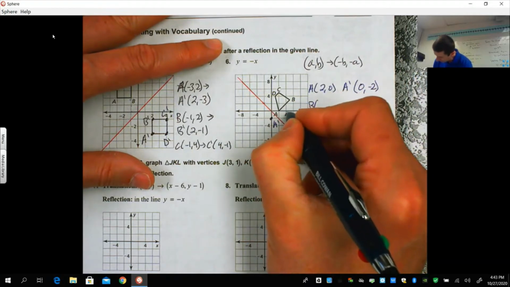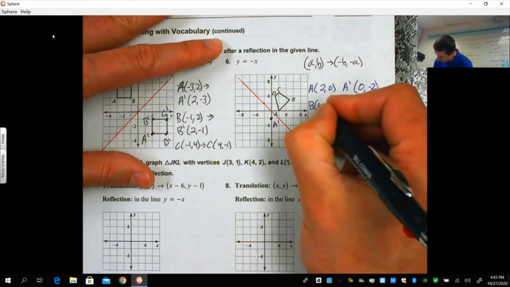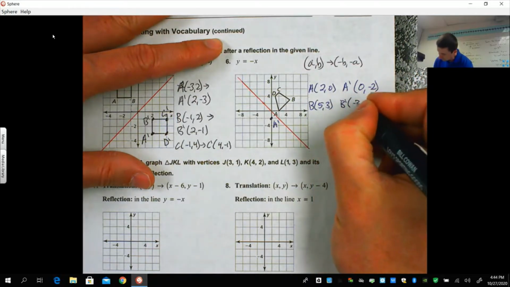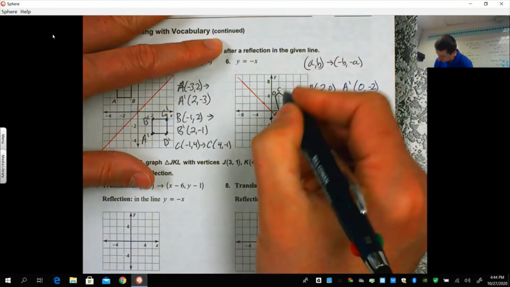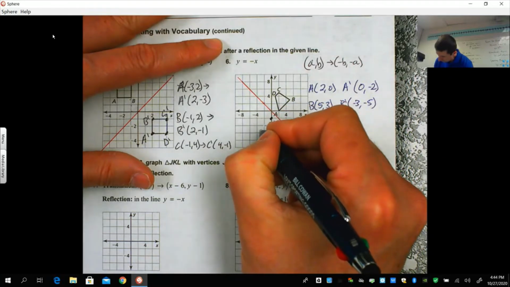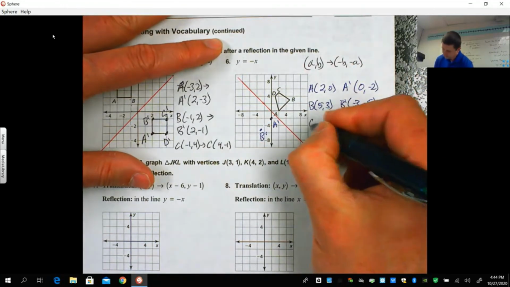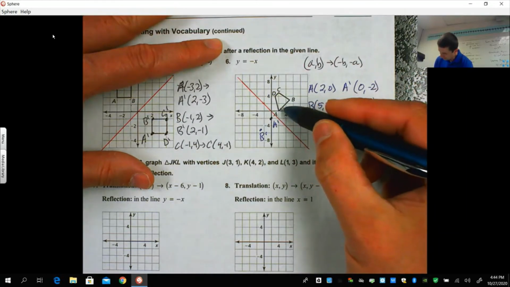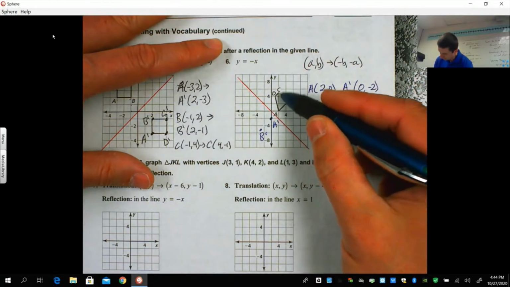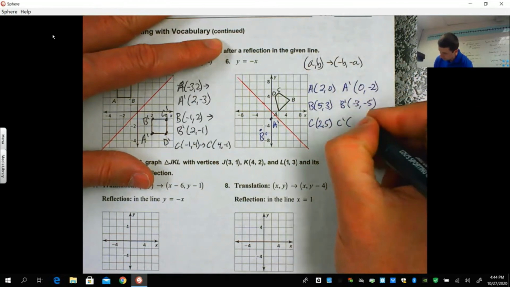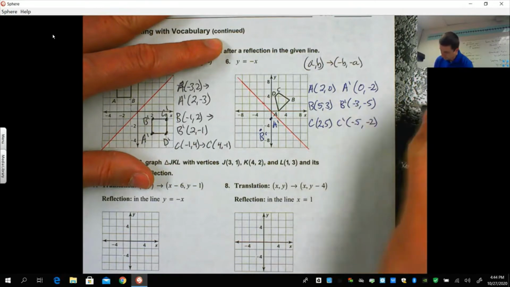B looks to be at 5, 3. So B prime is going to be, switch them and take the opposites, negative 3, negative 5. Negative 3, negative 5, B prime. C is at 2, 5, C prime. Switch them, 5 goes first, opposite, negative 5, negative 2.